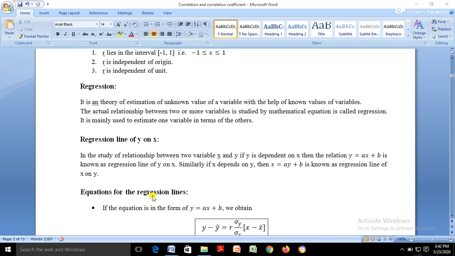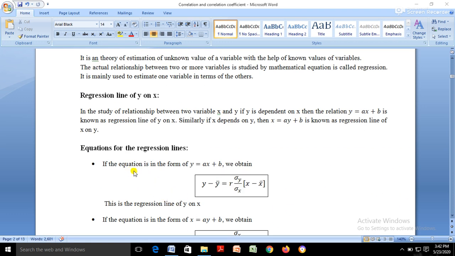So for the equation of the line of regression, if the equation is in the form y equal to ax plus b, the equation of the line of regression is y minus y bar equal to r into sigma y divided by sigma x into x minus x bar. By using this we solve the line of regression.